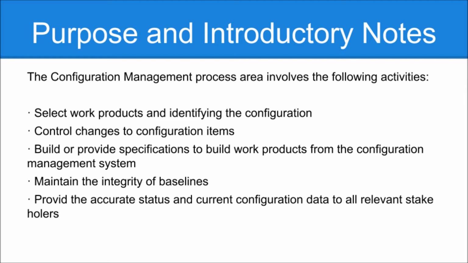जो सेकंड स्पेसिफिक गोल है हमारा कॉन्फ़िगरेशन मैनेजमेंट में, दैट इज़ टू ट्रैक एंड कंट्रोल चेंजेस. So in track and control changes, the first practice is to track change request. जो भी आपके चेंज रिक्वेस्ट आएंगे, you first track that.